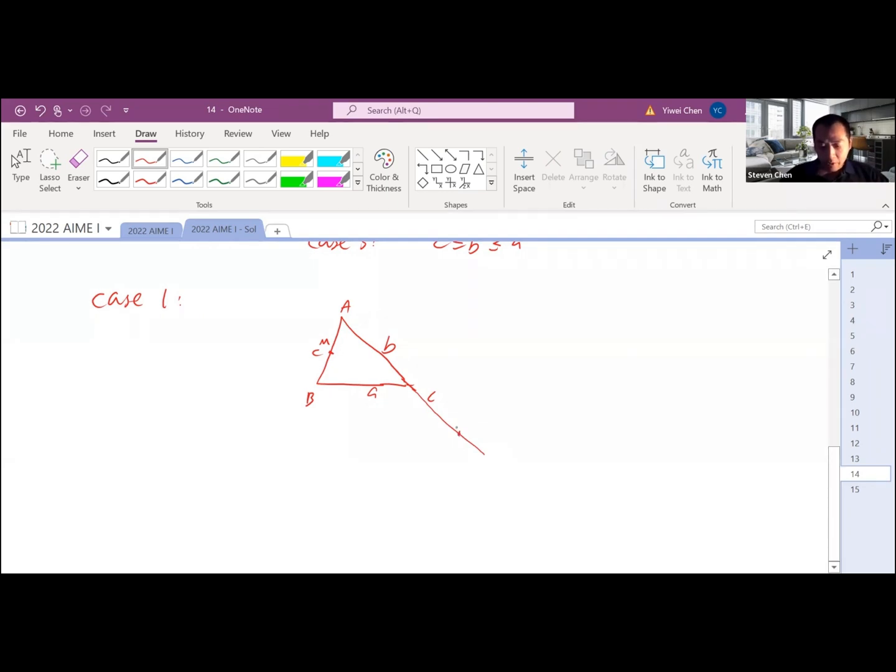Say B goes to here. Let me call this point B prime. Here we assume that these two have equal length. By doing this rotation, we know that X is the midpoint of AB prime.